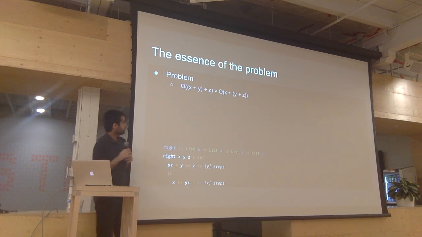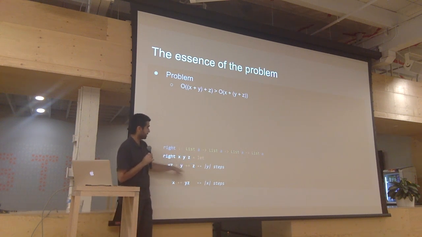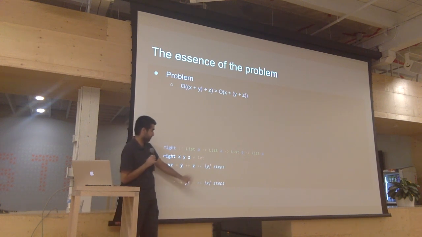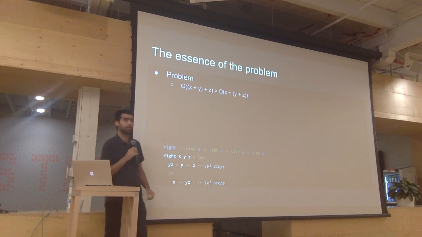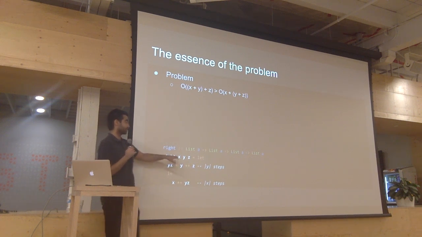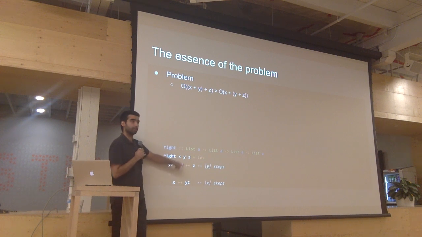Okay. On the right associative side, same thing, just do y and z first. You computed it, the cost here is y, and then do x append with yz, and here it's going to be x, and the total cost here is x plus y, right? So that's where you're getting the savings here. And the reason that you've seen this different behavior goes back to the asymmetry of the operation, the fact that the cost only depends on one argument, right?